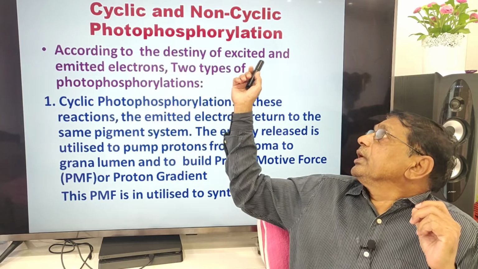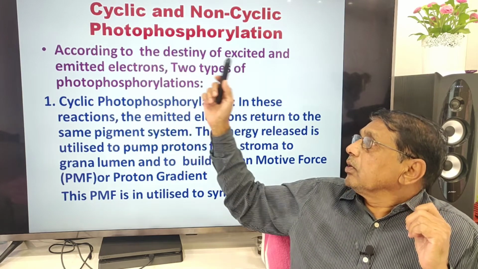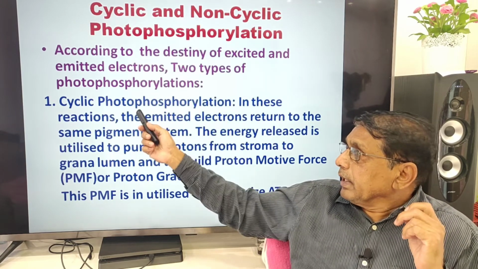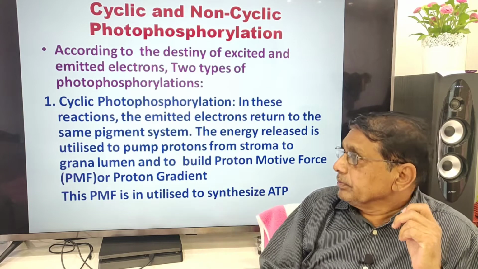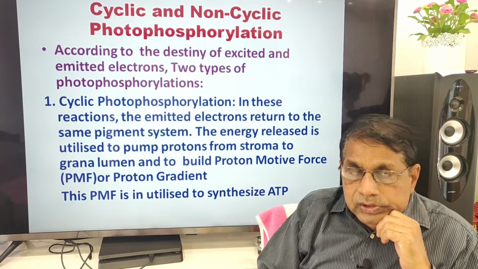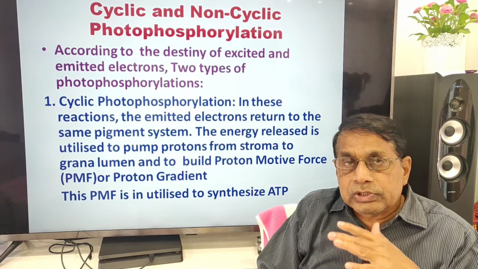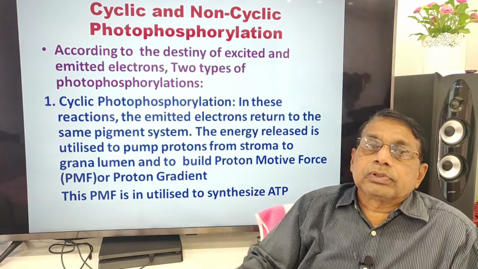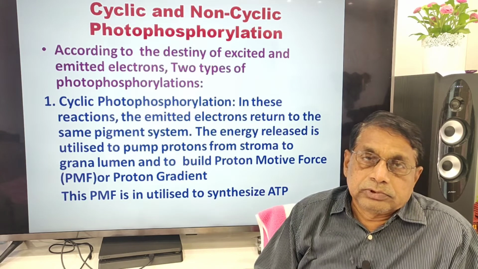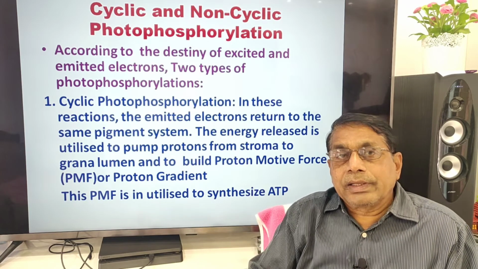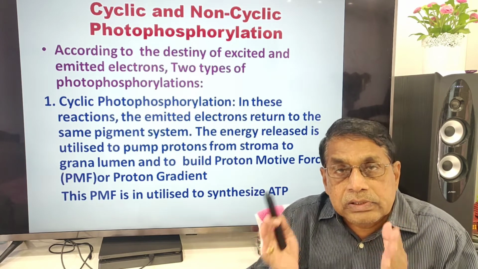According to the destiny of the excited electrons, in cyclic photophosphorylation the electrons coming out of the photosystem return to the same photosystem, passing through different electron carriers. That is cyclic.